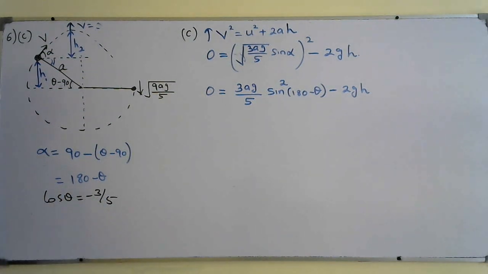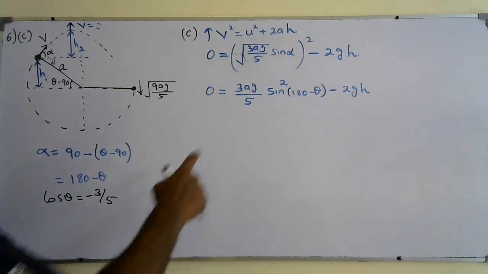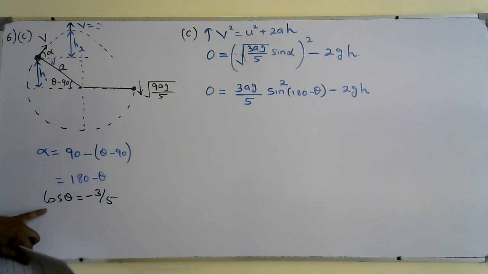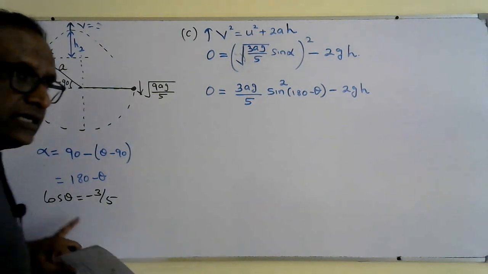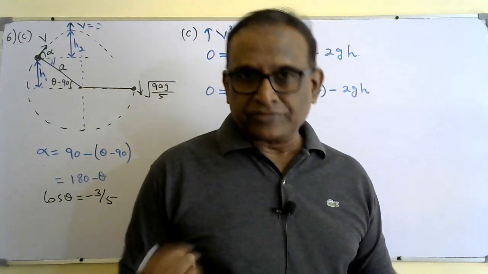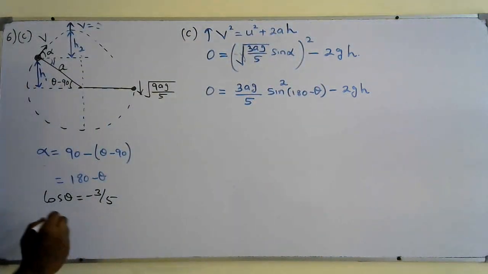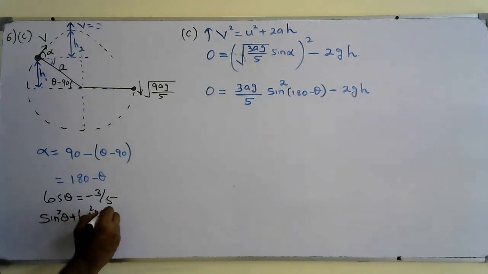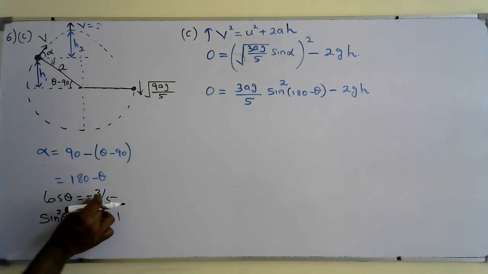So how much will sine theta be? If you want, you can find the value of theta using a calculator, you will get about 126 degrees, then find the sine value, you will get 4 by 5. Or you can use sine squared theta plus cos squared theta equals 1. When you square it, it becomes positive.